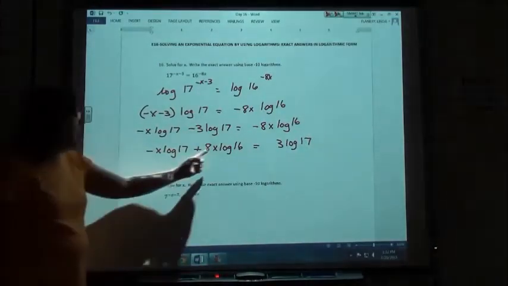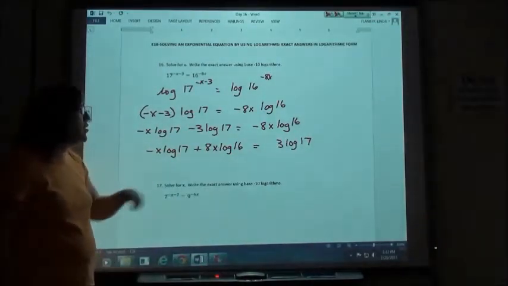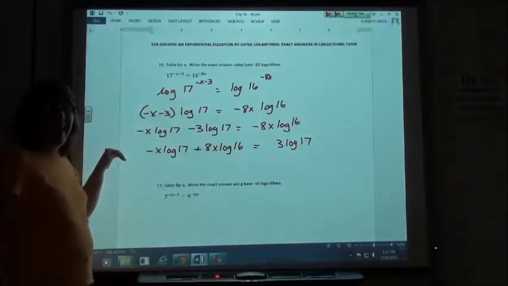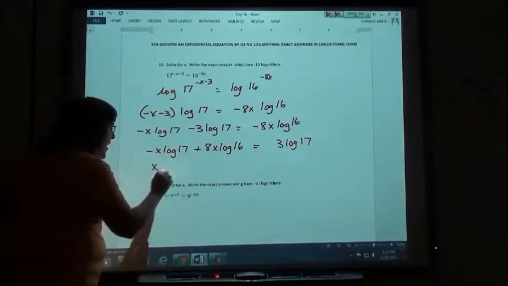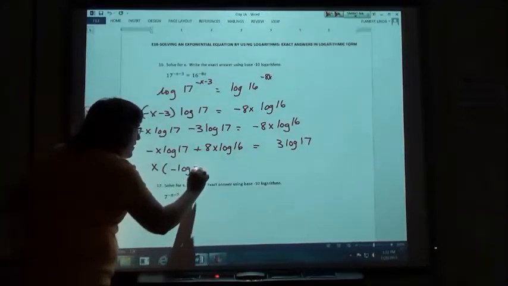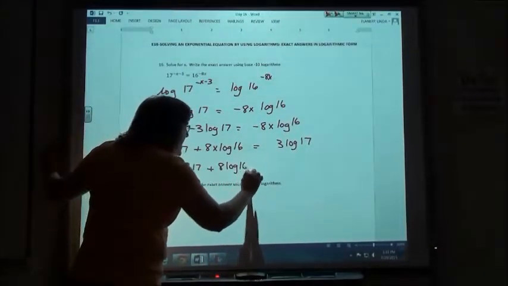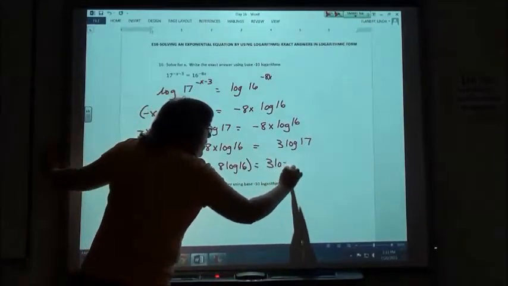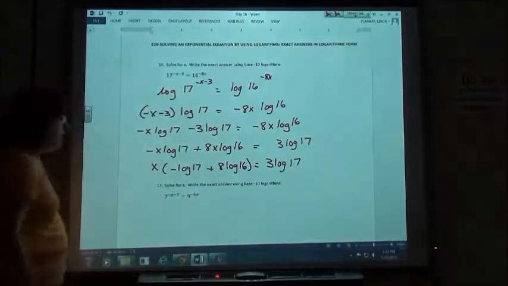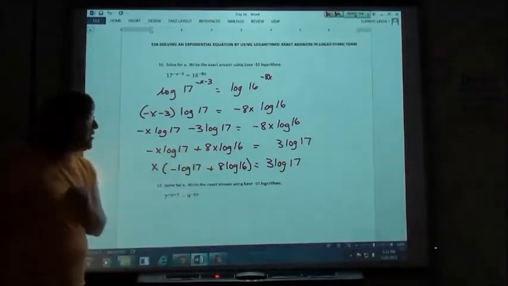So what I can do here, since I've got x's in both my terms, is to factor just the x out of there. X times negative log of 17 plus 8 log of 16 equals 3 log of 17.